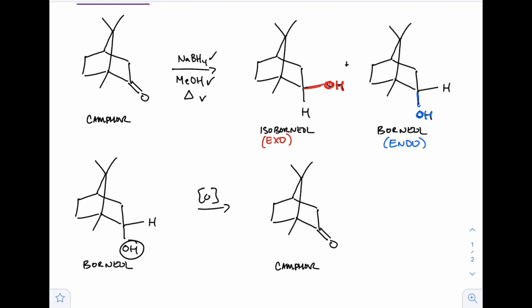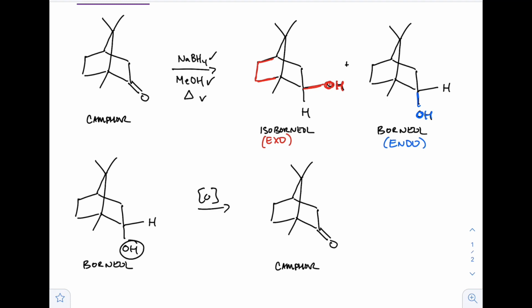If we have a bridged compound, so this is a bicyclic compound, and this right here is a bridge, and then this right here is a bridge, and then technically this right here is a bridge as well. But if we're focusing on just this red highlighted bridge, that longest bridge is closer to the hydrogen, and so that's what classifies it as an exo isomer.